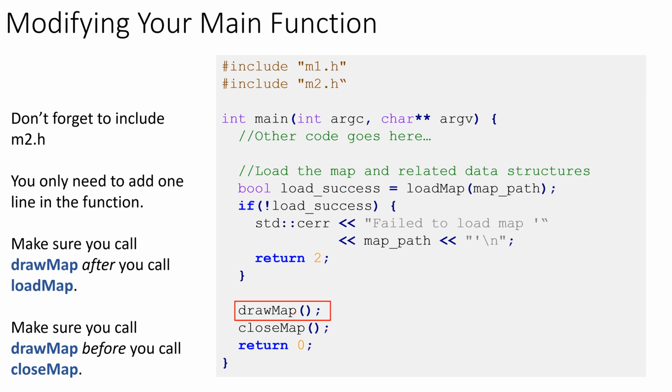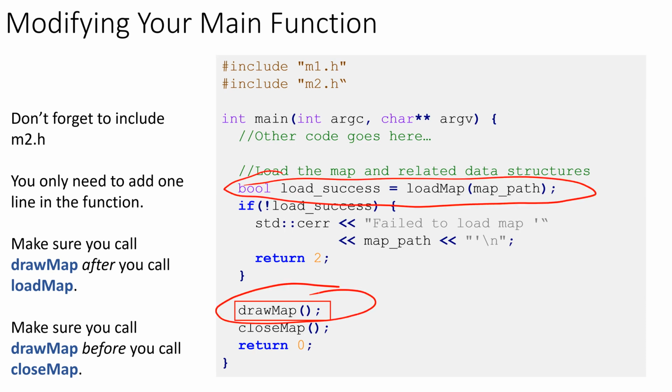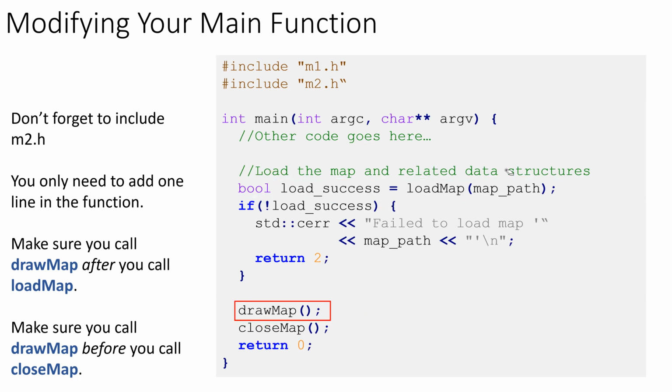It can basically load a map, then you're going to call this one function, drawMap. That is what you're going to write for milestone 2, and then you're going to close a map. So that could be your main function. And all m2.h defines is basically this one function, drawMap, which doesn't take any parameters.